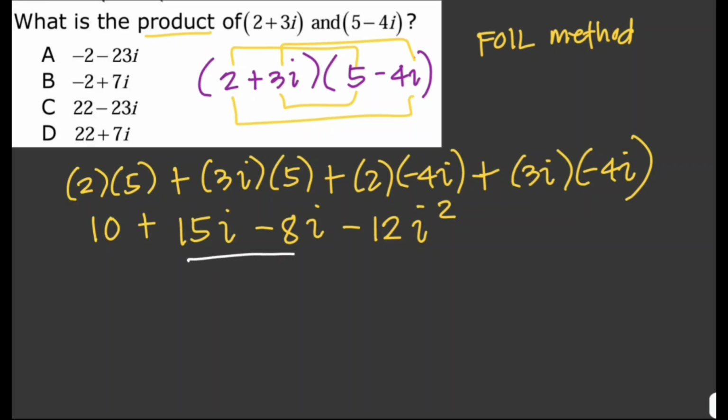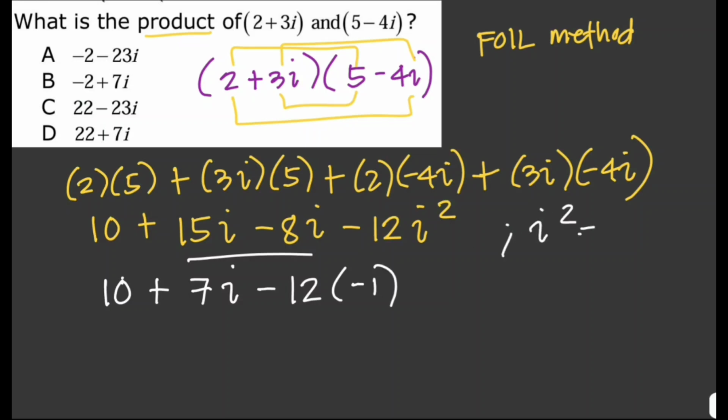Now we can group like terms. So we copy 10 plus now 15i minus 8i. This is just 7i. Then we have -12i squared. i squared is equal to -1. Okay, and then we simplify further. 10 plus 7i, this would become plus 12.